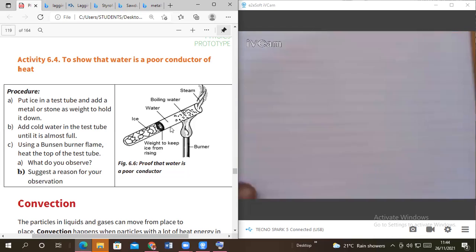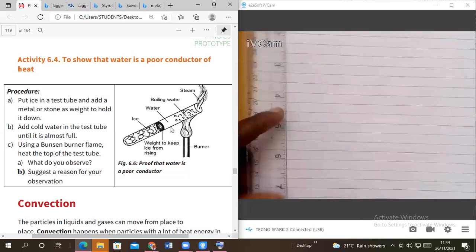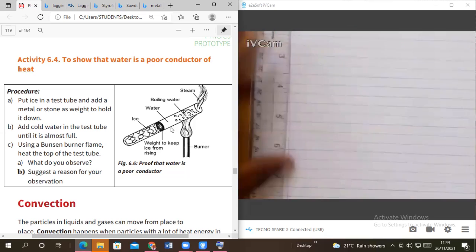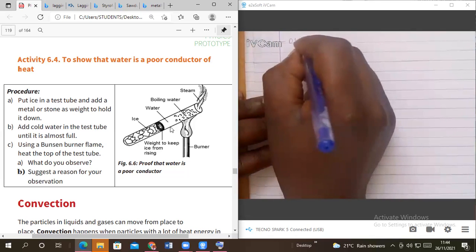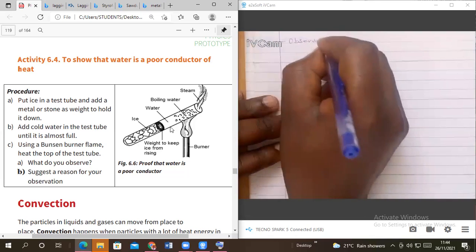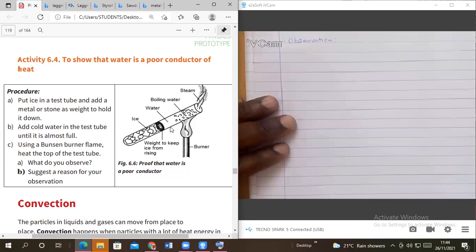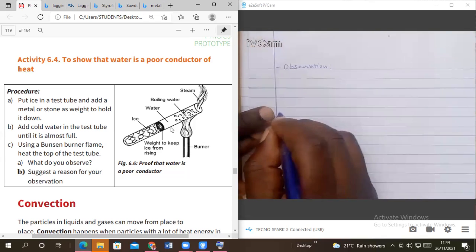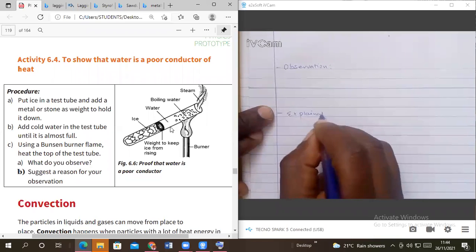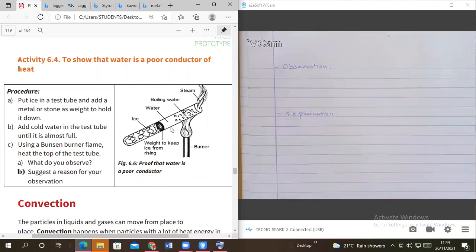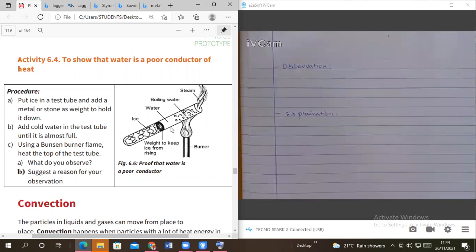Then we write our observation. So there it is a question saying the observation. So I'm leaving you with that part, observation, and also the explanation. Are we together? Yes.